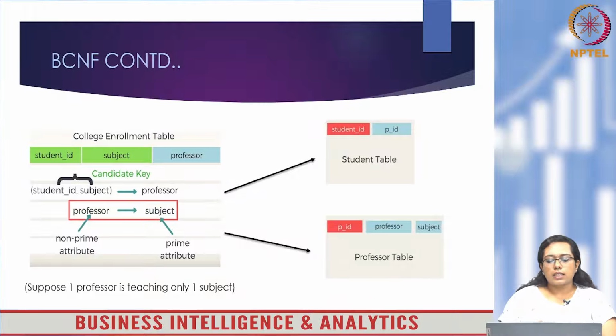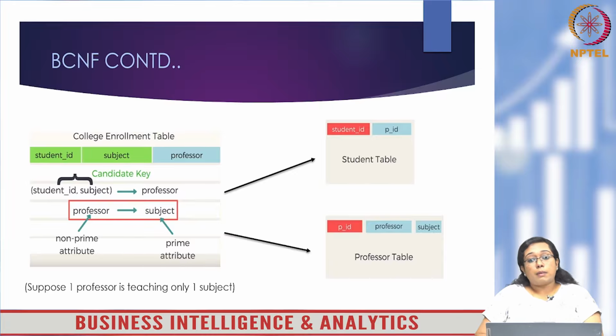So, subject is a prime attribute, but this prime attribute can be derived from the non-prime attribute, which is the professor. That is when Boyce-Codd normal form kicks in. There should not be a case where a prime attribute derives itself from a non-prime attribute.